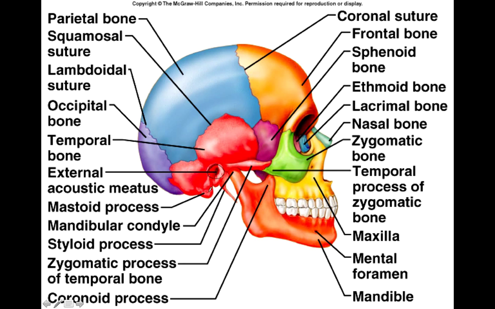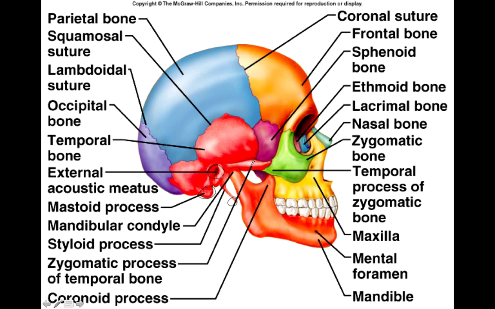Mastoid process is this place where you have a lot of your chewing muscles attached to the bone. Styloid process, also a place where we have muscle attachment.